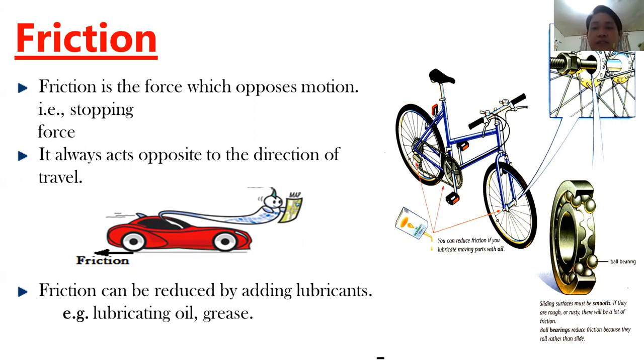Sliding surfaces must be smooth. If they are rough or rusty, there will be a lot of friction. Ball bearings reduce friction because they roll rather than slide. That's an example of friction in our day-to-day lives.